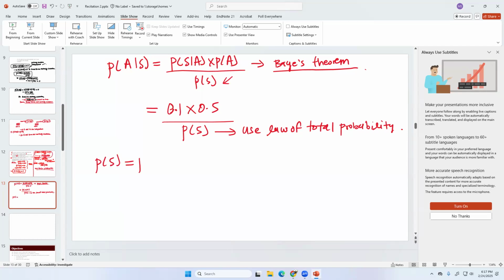The law of total probability is the following. Surfing given Hawaii. It's just basically saying how many ways he can surf.